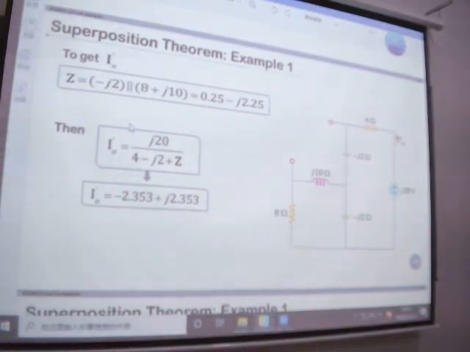In the time domain, Ohm's law is V equals IR. In the frequency domain, the voltage equals the current times the total impedance. Then we can calculate our I0.